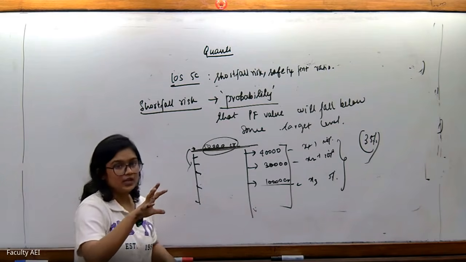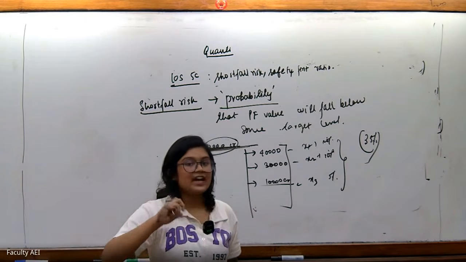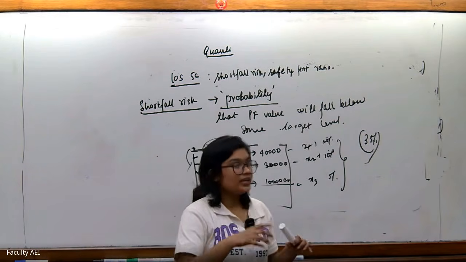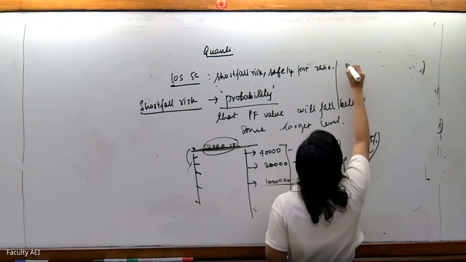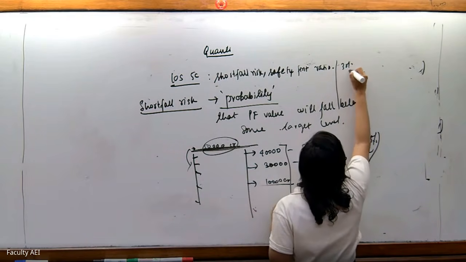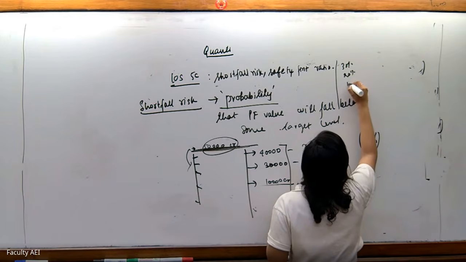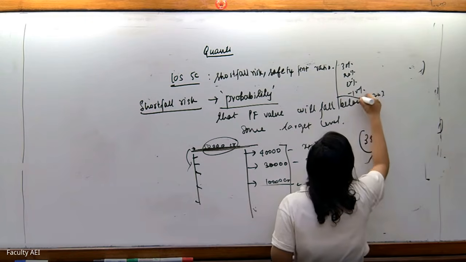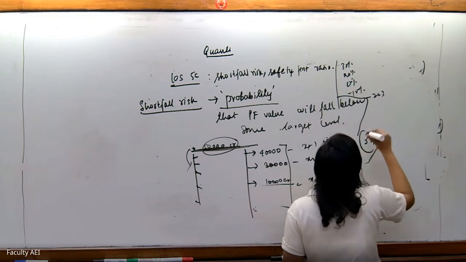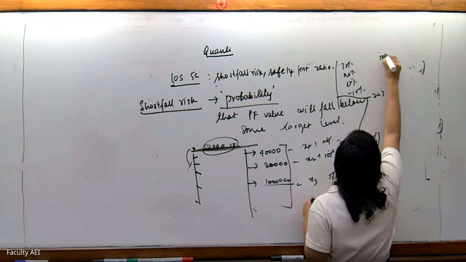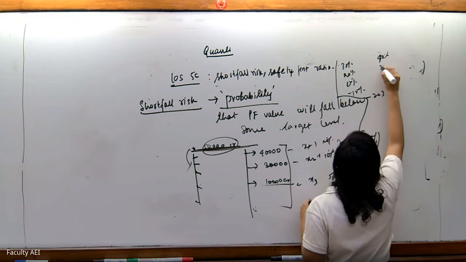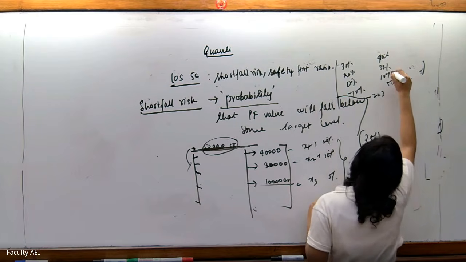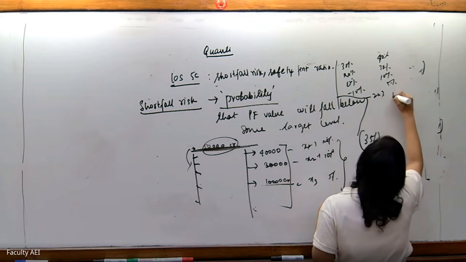Maybe you have been given in the question to find out the shortfall risk of my portfolio hitting negative returns. So your question may have returns like 30%, 20%, 0%, minus 10%, minus 20%. These are the returns which your portfolio can generate, and the probability of each type of return is given: 40%, 30%, 10%, 5%, 15%.